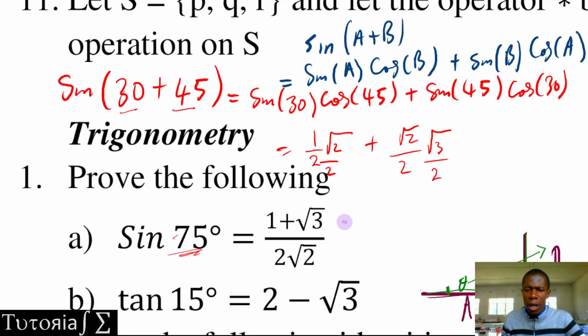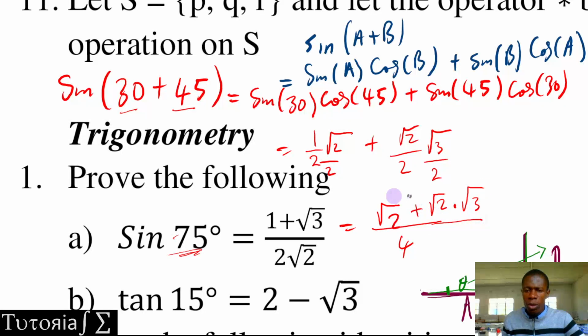So this is 4 and this is 4. So the common denominator there can be 4. What we have on top here is just root of 2, plus root of 2 times root of 3.